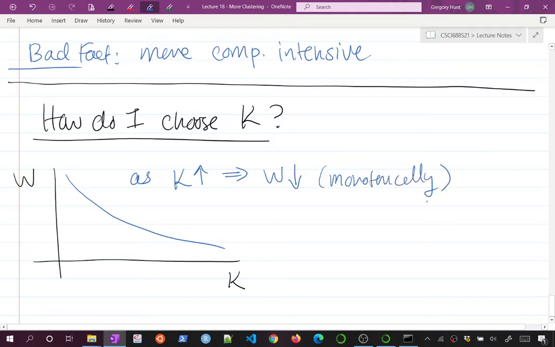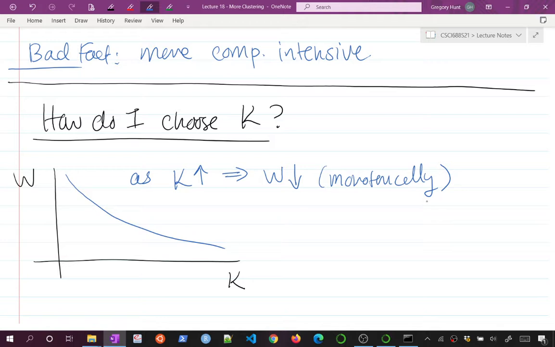Why does that make sense? If I let k go to n, the number of points I have, I'm going to have one cluster for each point, and they're all going to have zero dissimilarity, zero distance from their own point, and so my total W is going to be 0.